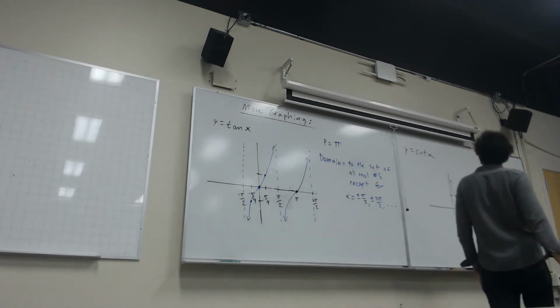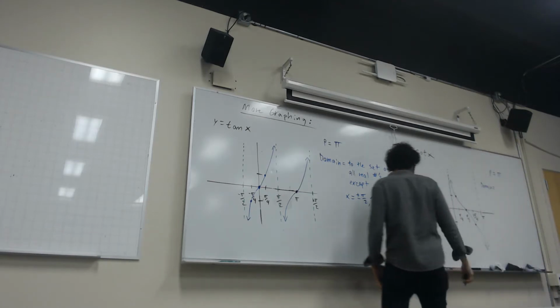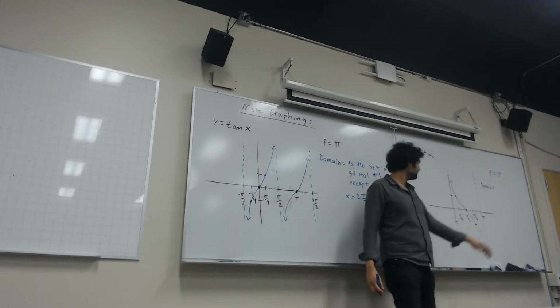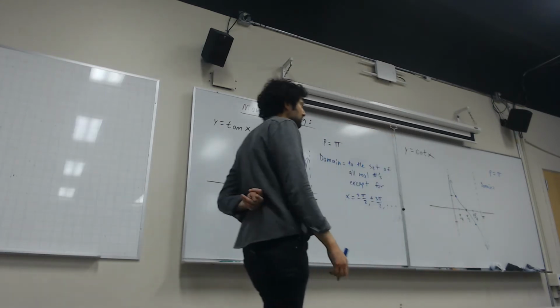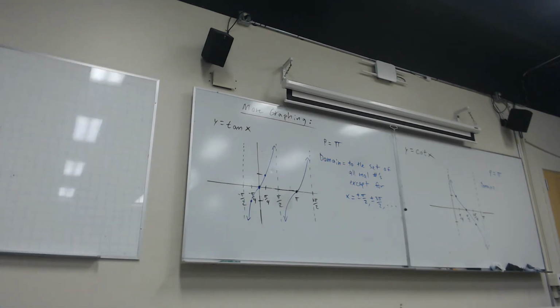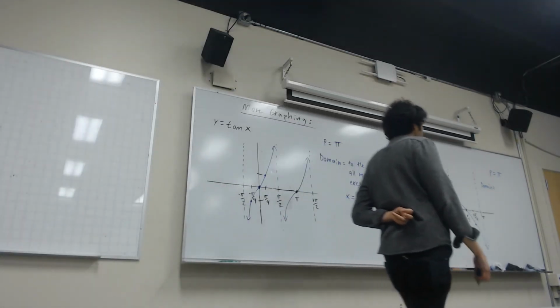Okay, and what can we do for cotangent? The domain is going to be equal to. So again, it repeats, right? This repeats over and over again in each direction. So what are you looking at? You have an asymptote at 0, you have an asymptote at pi.